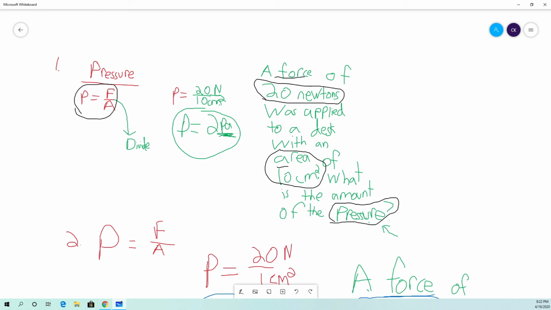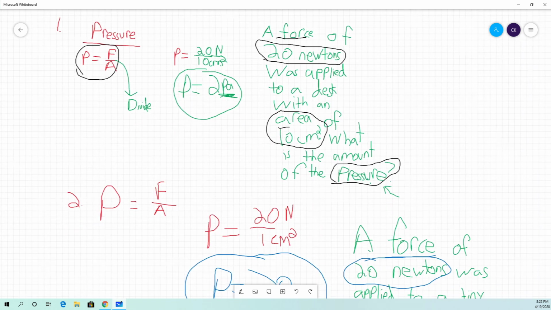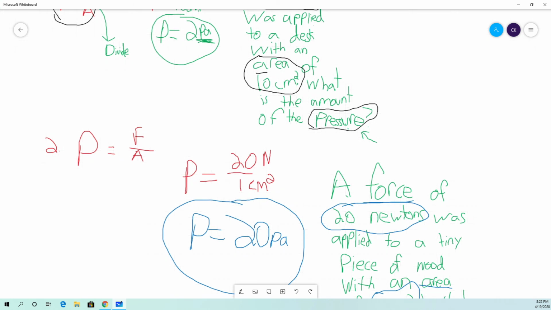My pressure is 2 pascals. If you look at problem 2, my force stays the same. It's still 20 newtons, but my area gets much, much smaller. It's 1 centimeter squared. My pressure is now 20 pascals.